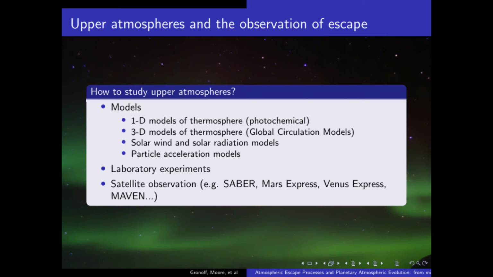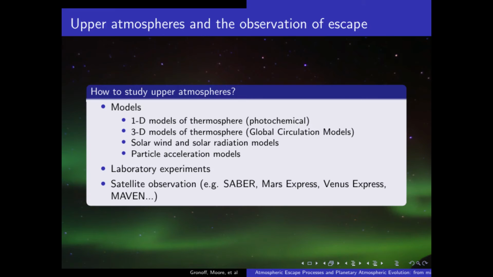It's also very important to have models of the solar wind, solar radiation, and particle acceleration, because these models work as inputs to our work. However, it's also very important to have laboratory experiments to obtain the input parameters for these models. And finally, what would be a model without something to validate it with?